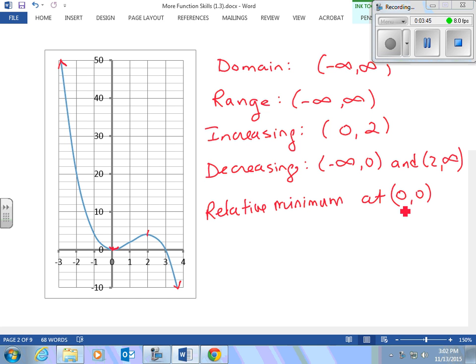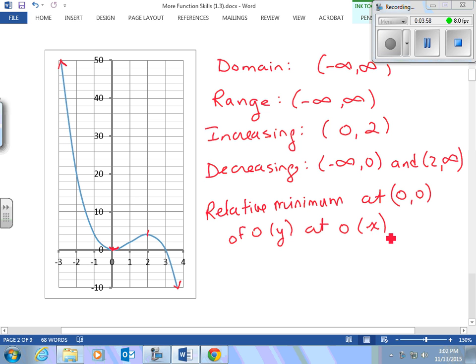The relative minimum happens at 0, 0, but we can also say that there's a relative minimum of 0, which is our y value, at 0, which is our x value. And that'll become a little more clearer when we look at the maximum.